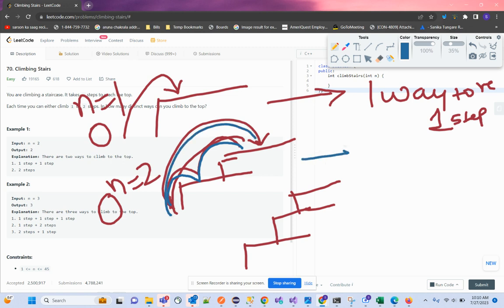So how many ways are there to reach 2 steps? There are 2 ways to reach 2 steps, right?